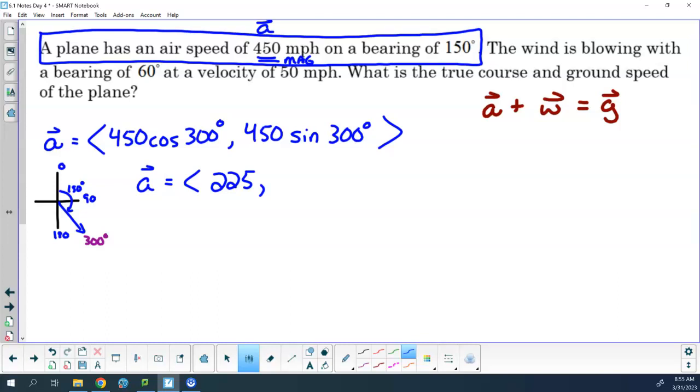What is the sine at 300 degrees? You did it right, but just wait. Don't write it that way. What's the sine at 300 degrees? Square root of 3 over 2. So what is the square root of 3 over 2 times 450? Exactly. 225 times the square root of 3.